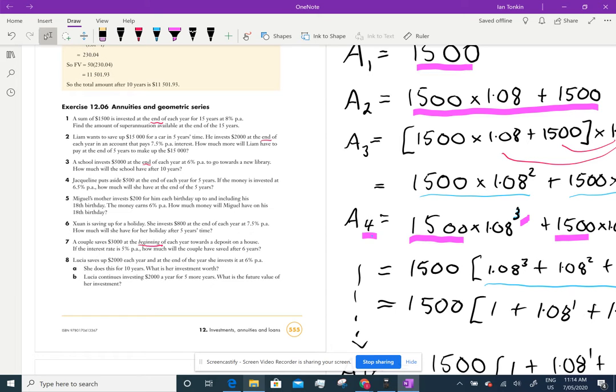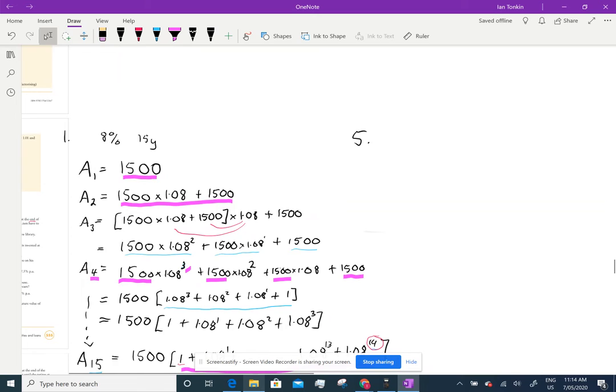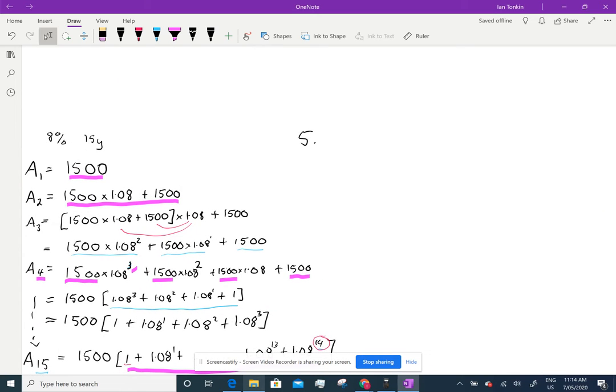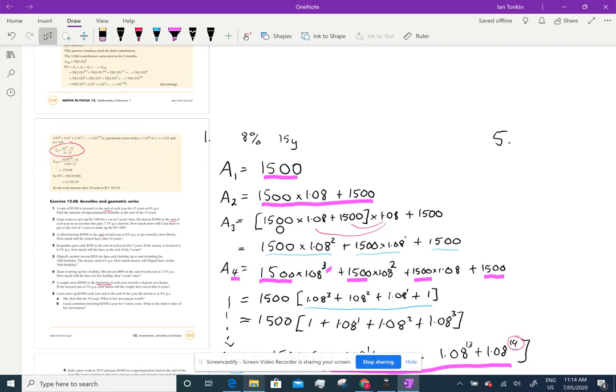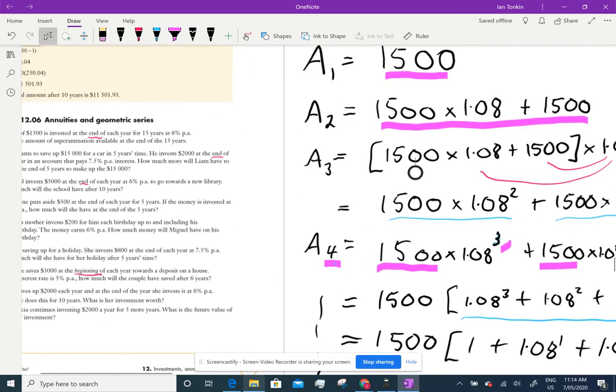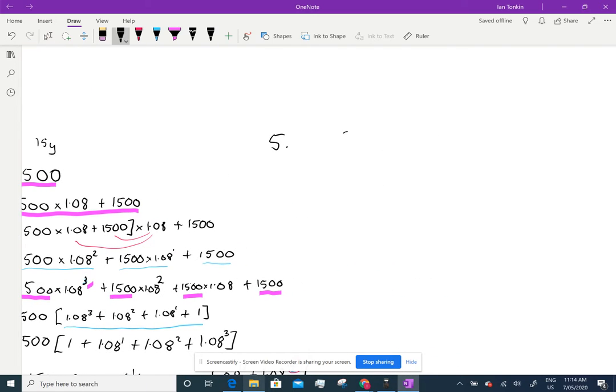How much money will Miguel have on his 18th birthday? Let's assume that they're not putting money in when he's born. It's on his birthday. So how much money was it? It was 200, 6%, 18. So $200, 6%, and he turns 18 years.